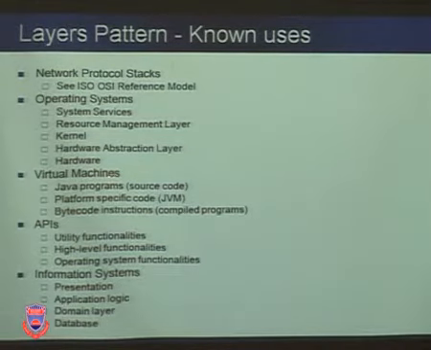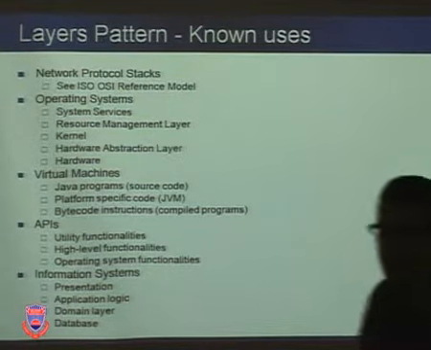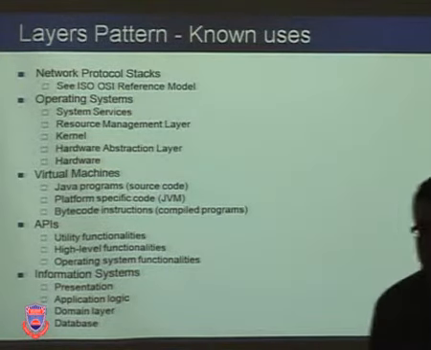Your source code goes to platform-specific code, the Java version, and bytecode instructions. It's just layered. APIs: you have utility functionalities, high-level functionalities, operating system functionalities. Information systems: presentation, application, domain layer, database. So layers are used in different domains.